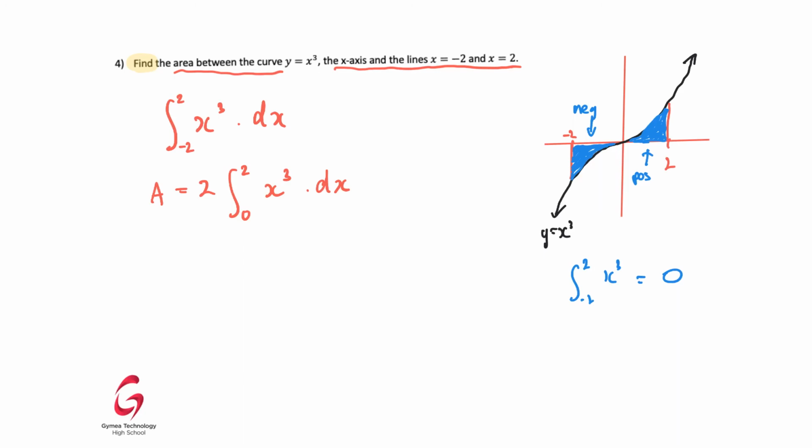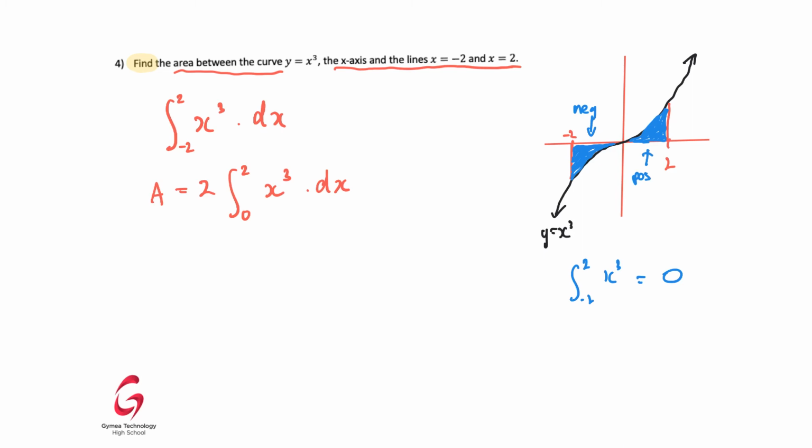Now, you might say this is not going to make it too much quicker, right? But sometimes when you've got multiple sections that are similar, it could make it a lot faster. And in this case, it's going to alleviate the need to do the absolute value. Or really, it's going to make sure that we don't forget to do that absolute value of that negative area.